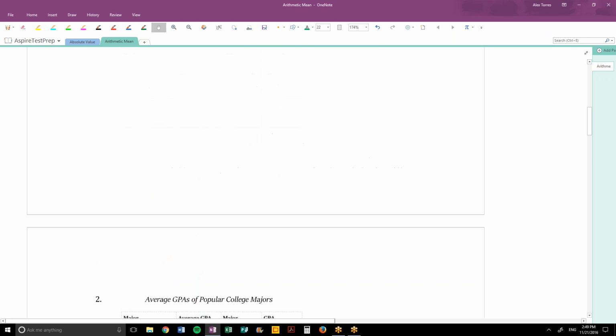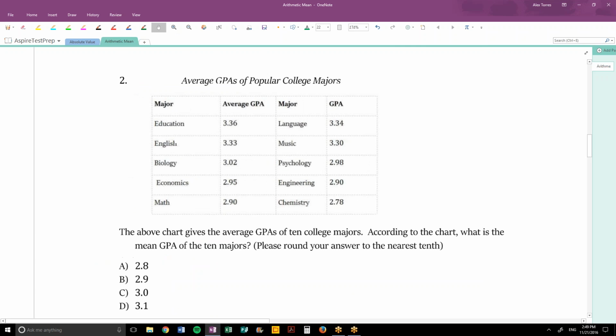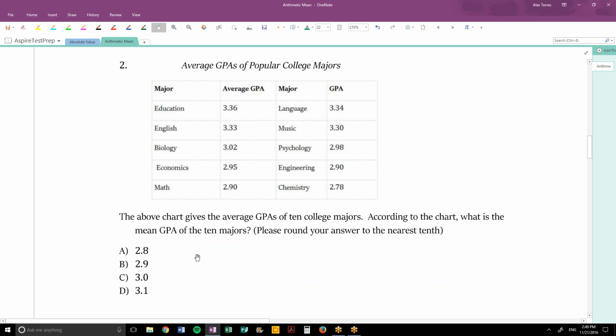Moving on to number 2, we have the average GPAs of popular college majors, and we need the mean GPA of the 10 majors. Once again, because average is the sum of all the values over the number of values, we're going to get the sum of all these numbers and then divide by 10.